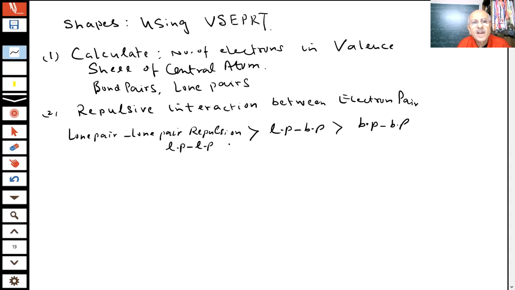I'm saying lone pair repulsion will be more than lone pair-bond pair repulsion, which will be more than bond pair repulsions.